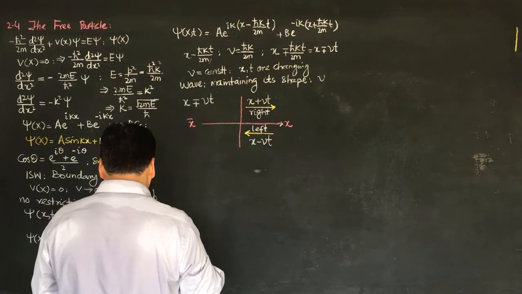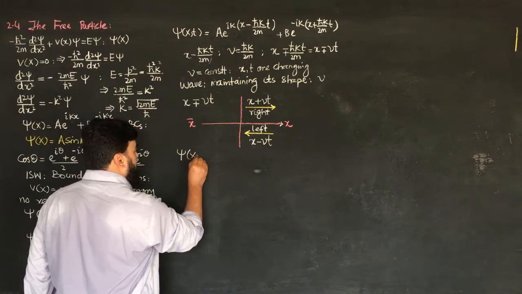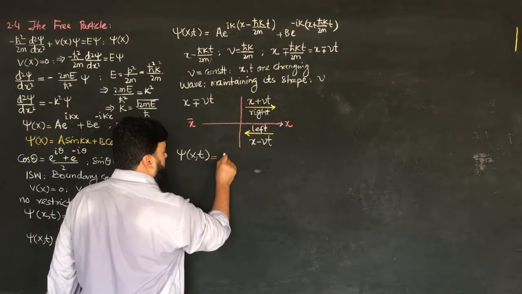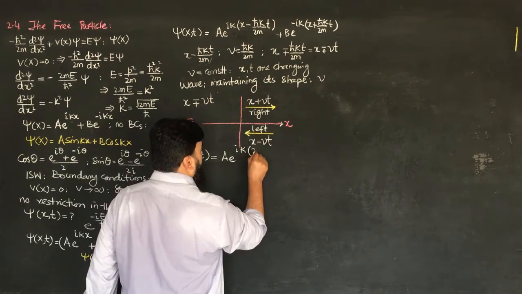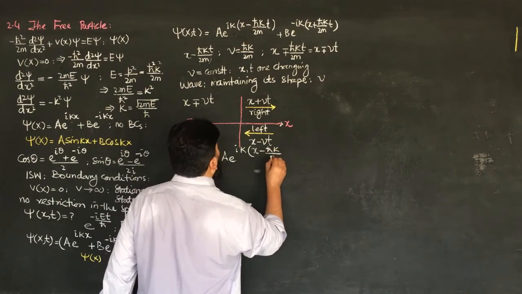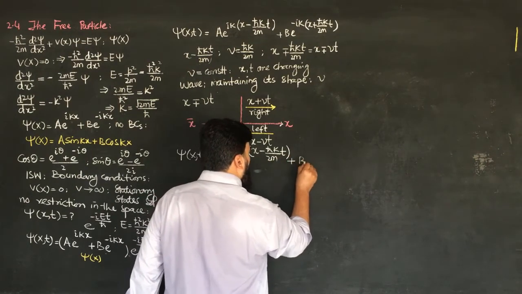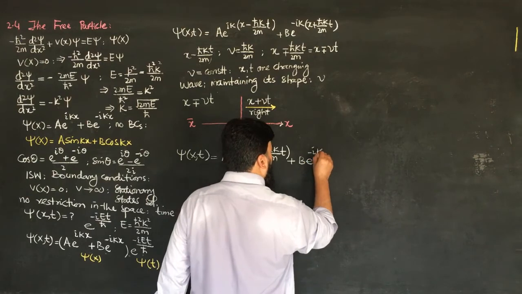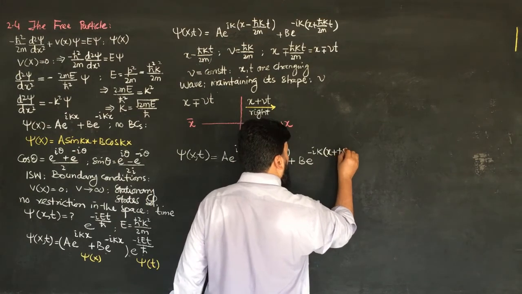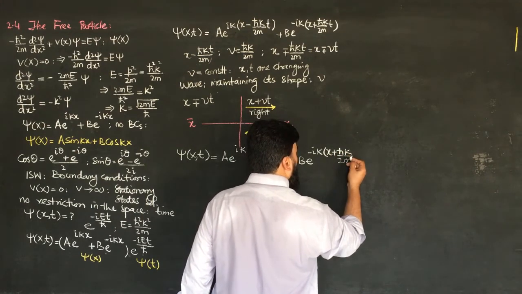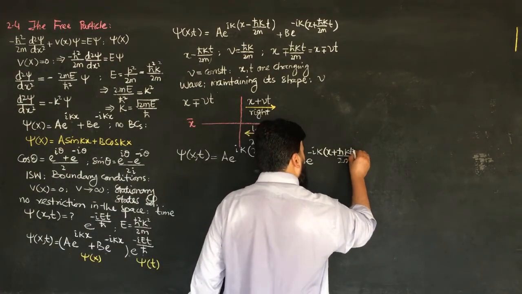So I can write that psi(x, t) is equal to A e^(ik(x minus h bar k over 2m t)) plus B e to the power minus ik (x plus h bar k over 2m t) as well.